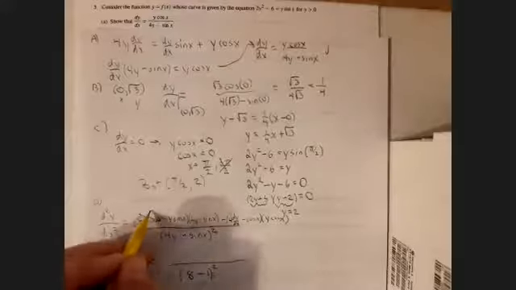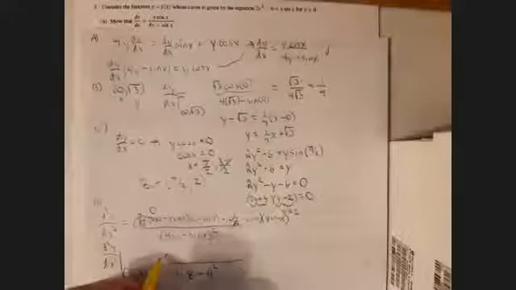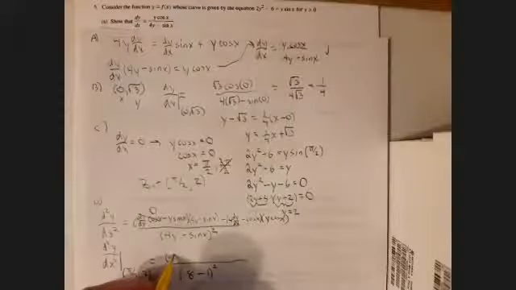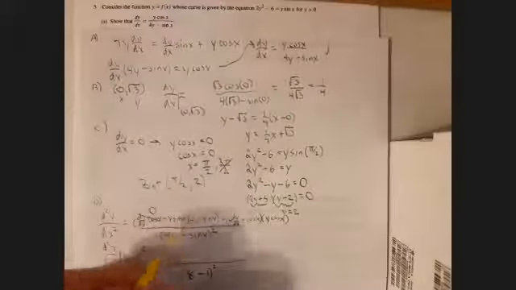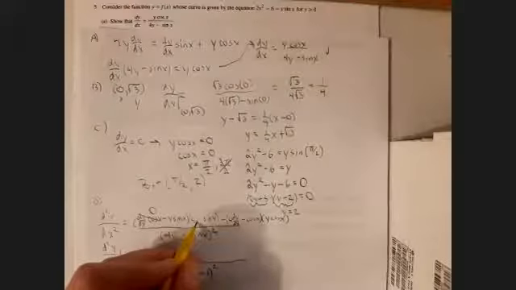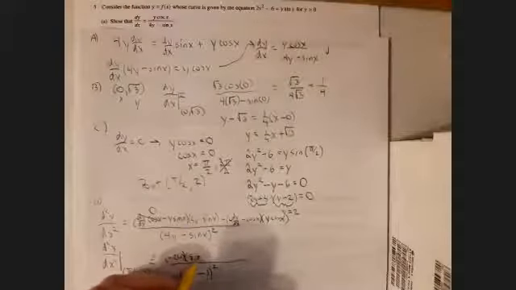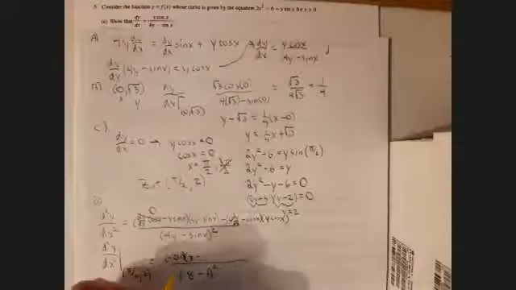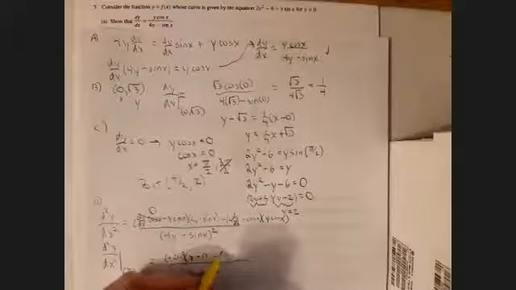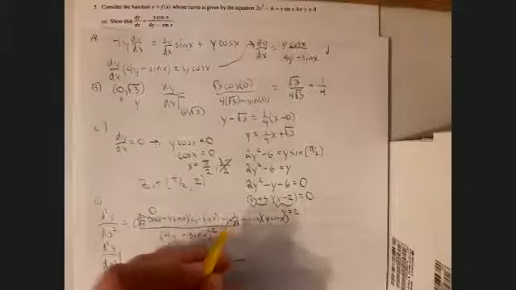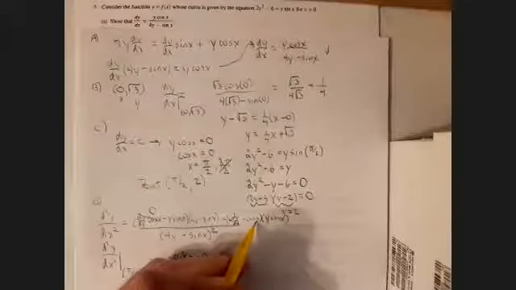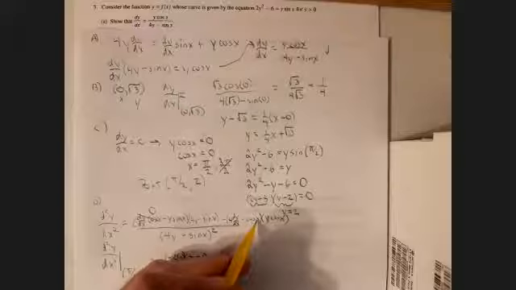So this is going to be 0 here, and then you're going to end up with minus the y value, which is 2, times sine of the x value, pi over 2, which is 1, times 4 times the y value, so that would be 8, minus sine of pi over 2, which is 1. Now, 4 times dy dx is going to be 0, and cosine of pi over 2 is also 0.